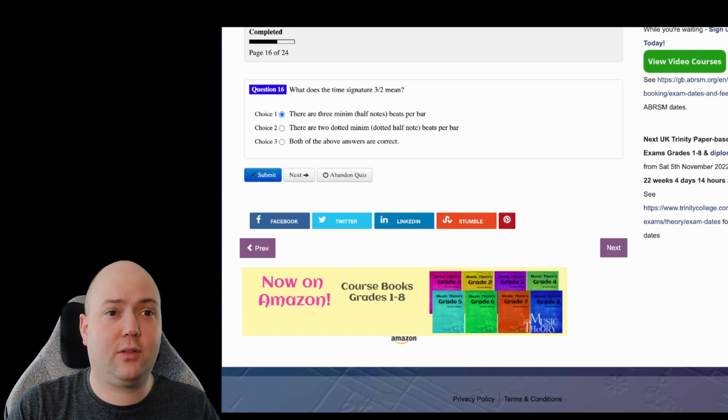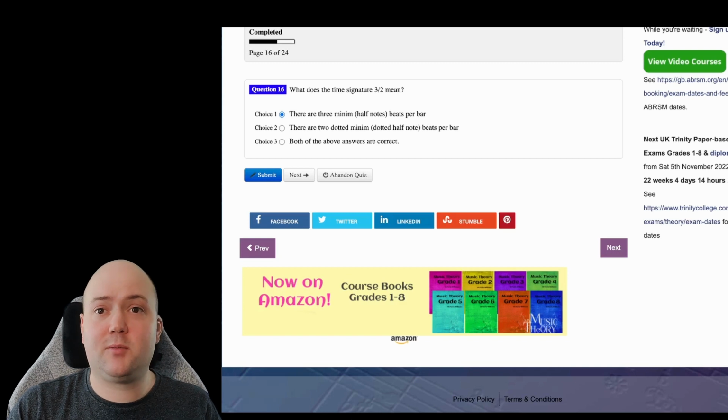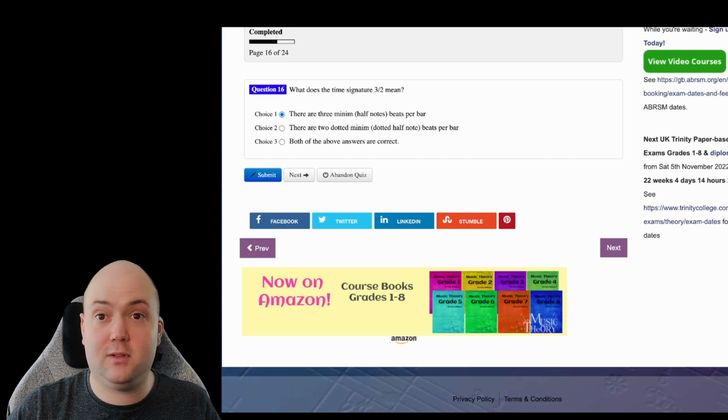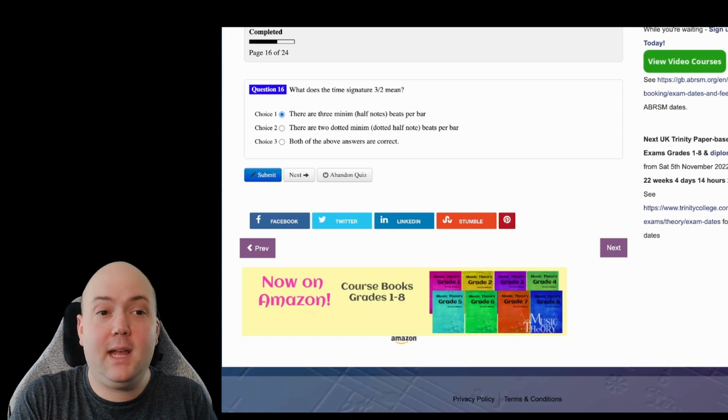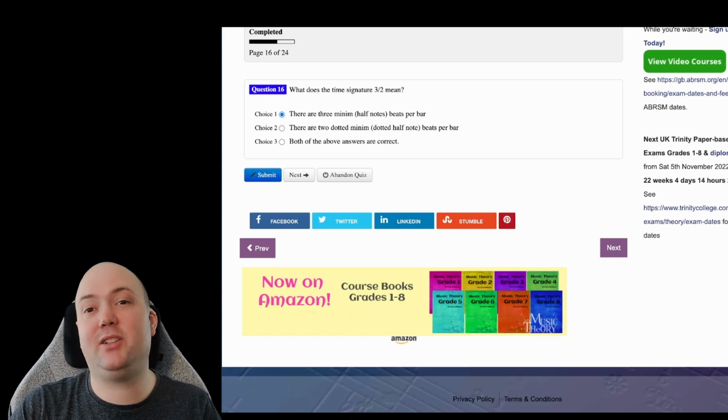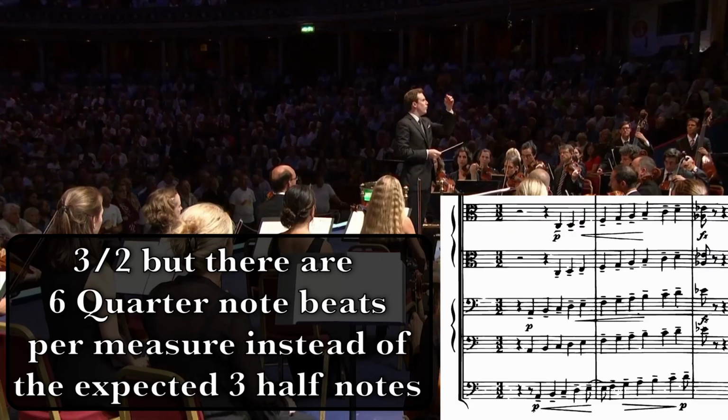And 3/2 just means there's 3 half notes. It doesn't mean there's 3 half note beats. You can have 3/2 that's in 6. You can have 3/2 that's in 3. You can have 3/2 that's in 2, and that would be 2 dotted half note beats. That's the problem with time signatures. We cannot be teaching it this way. This is wrong.